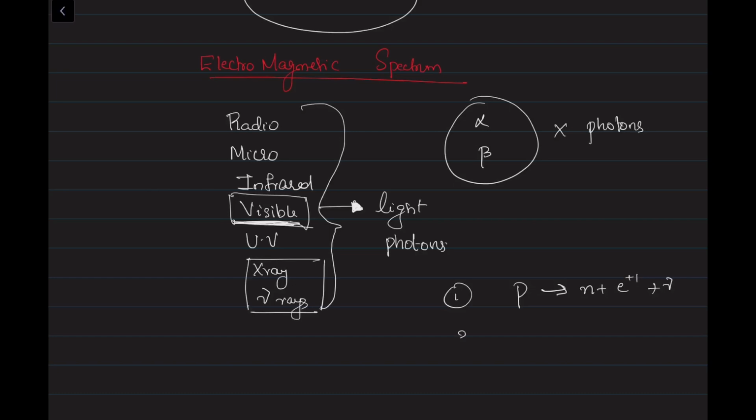In the binding energy concept, what did we study? The sum of masses of reactants is greater than the sum of masses of products. The mass is not getting conserved there. What happens to the difference? We call it the mass defect, which is getting converted to energy. So energy is getting conserved there.